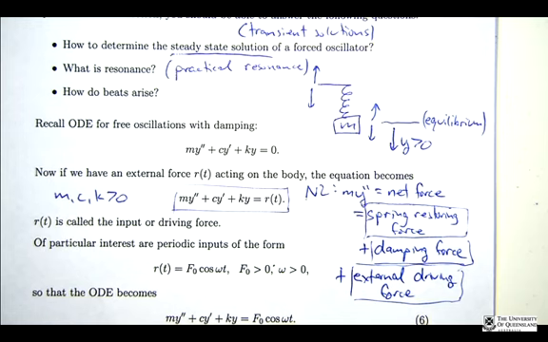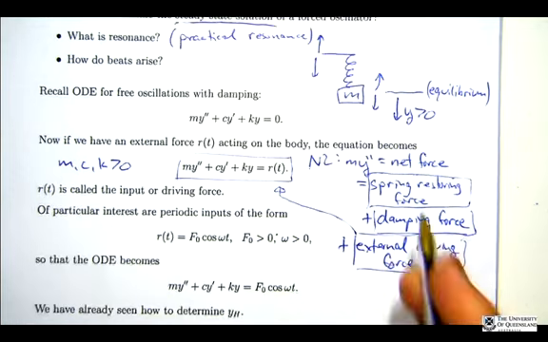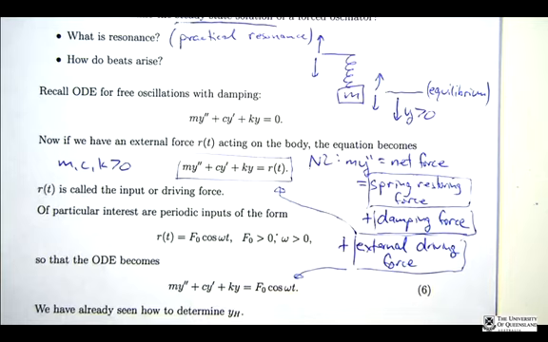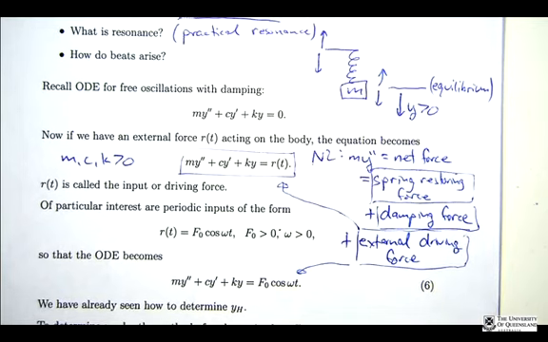It's this external driving force that we'll assume depends on time. And what's more, we'll assume it's of the form of this cos function. So this is the ODE that we're interested in solving, in analysing.